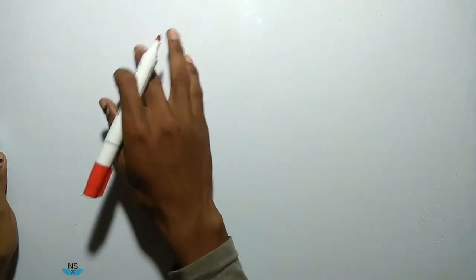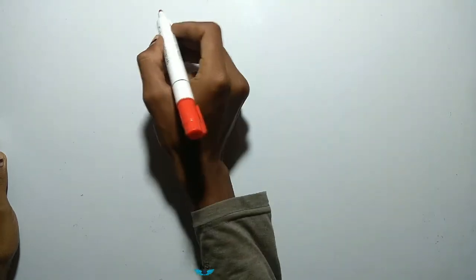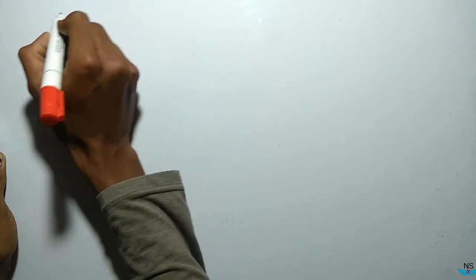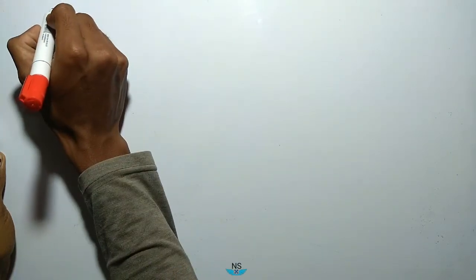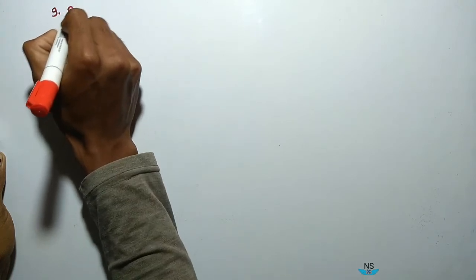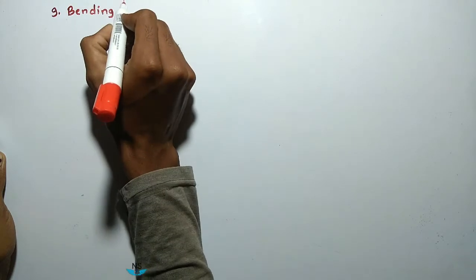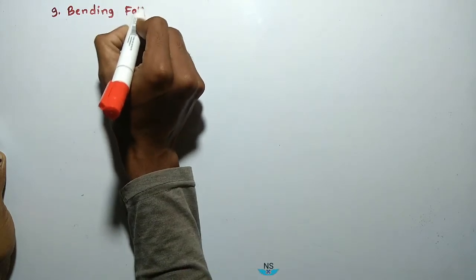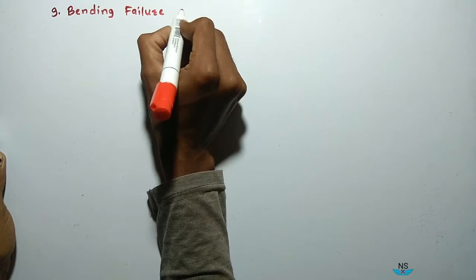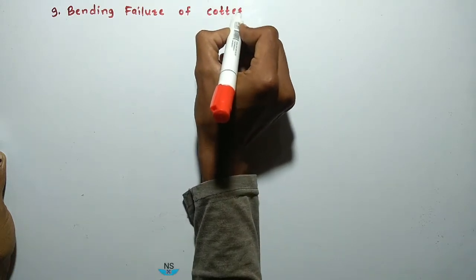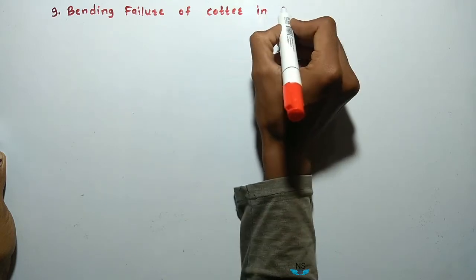Hello friends, in the previous video we have seen 8 strength equations of quarter joint. In this video we will see the ninth strength equation of quarter joint, that is bending failure of quarter in quarter joint.